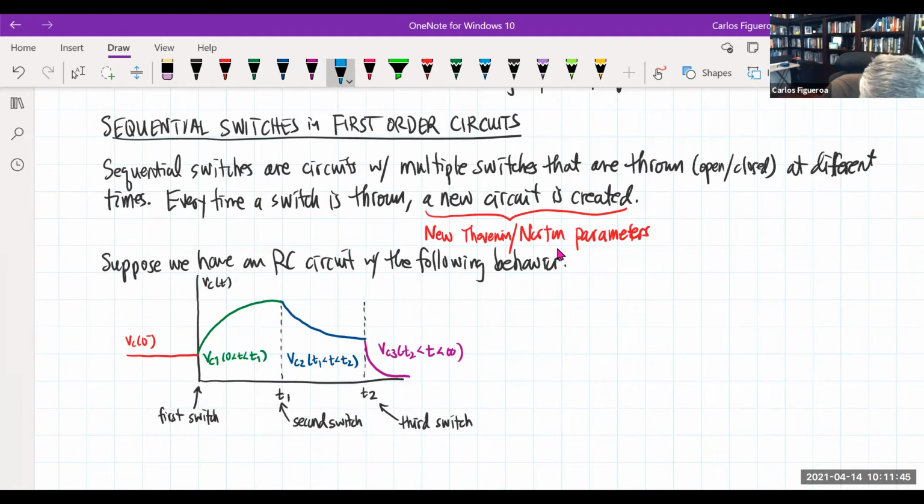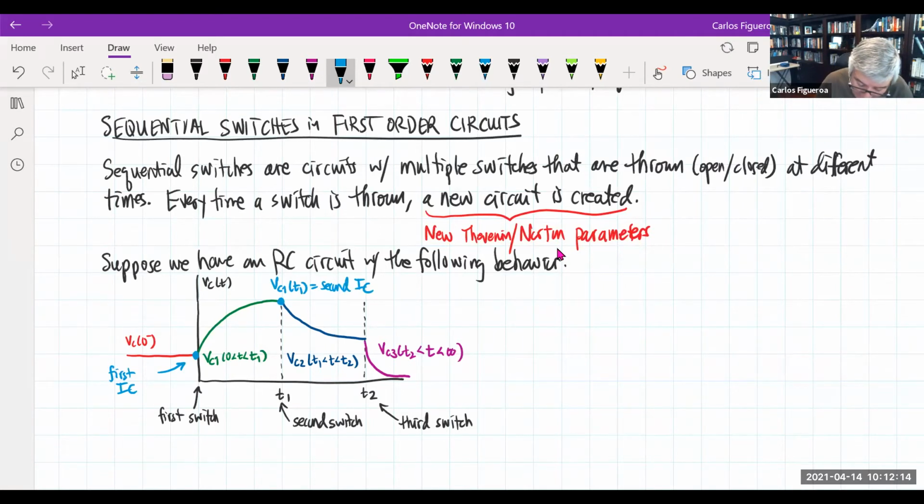So if I look at this point here, this is my first initial condition for this circuit. And then when I come to here, here's my second initial condition. And if I look at my second initial condition, it's got to be what? It's got to be VC1 at T1 will then be my second initial condition.